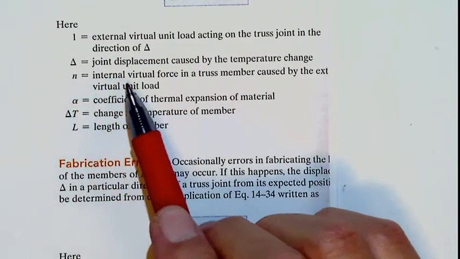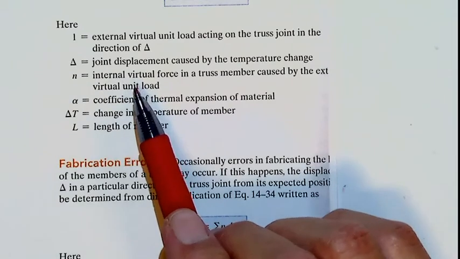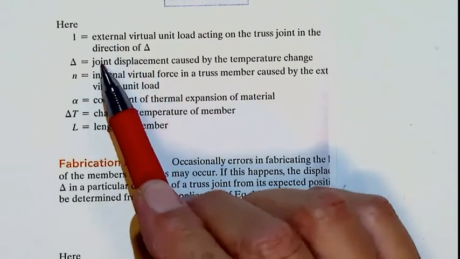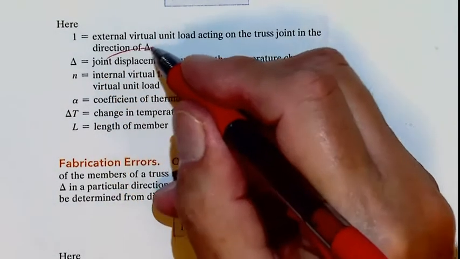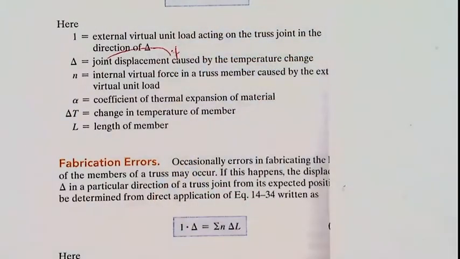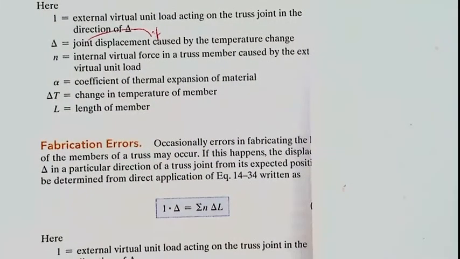Delta is the joint displacement. We mean displacement of the joint, okay? And n is the internal virtual force, alpha the coefficient of thermal expansion, delta T the change of temperature, L the length.